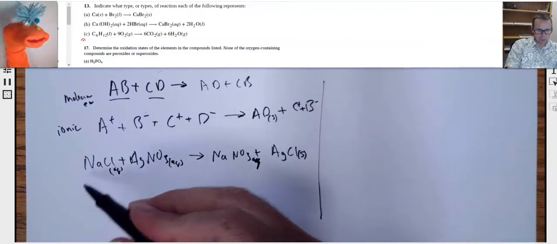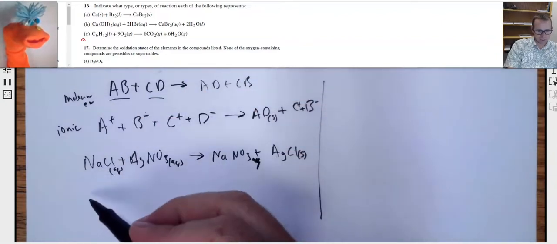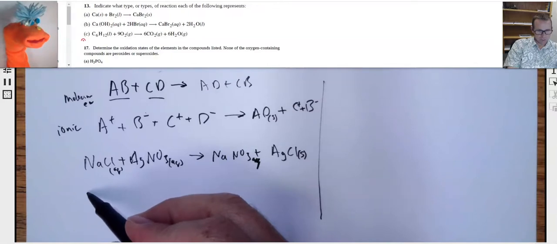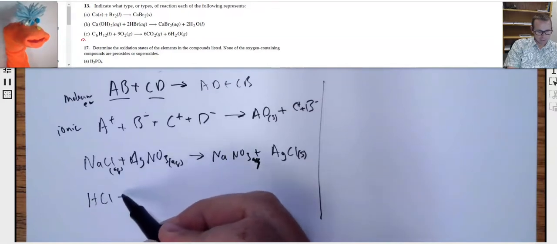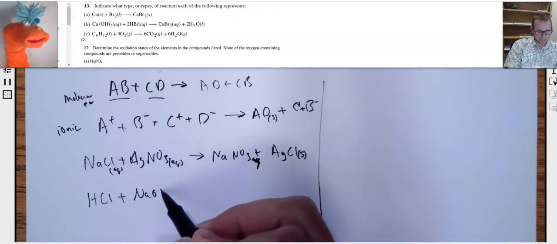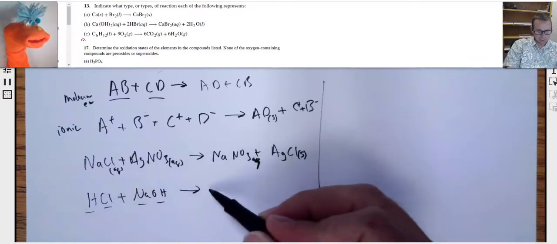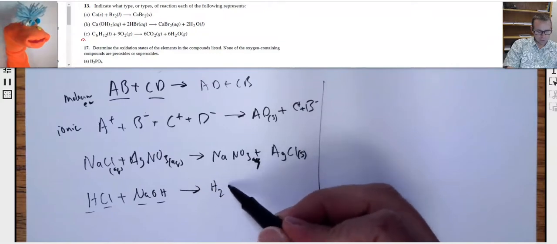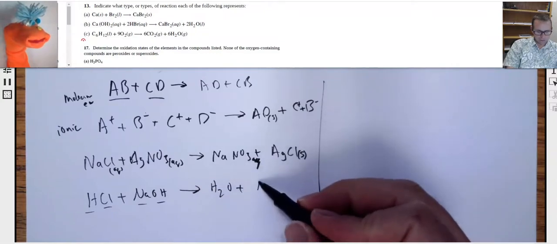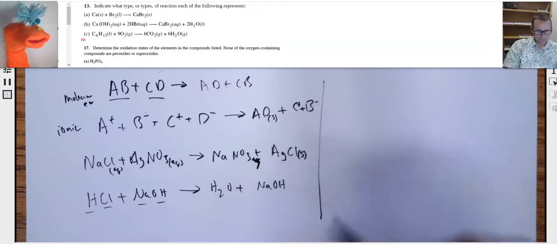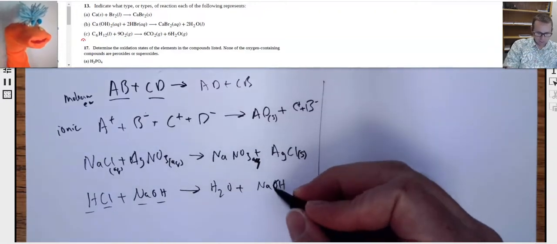Another example of these metathesis reactions would be an acid combining with a base, following the same form, A, B, C, D, and we get H2O and NaCl.